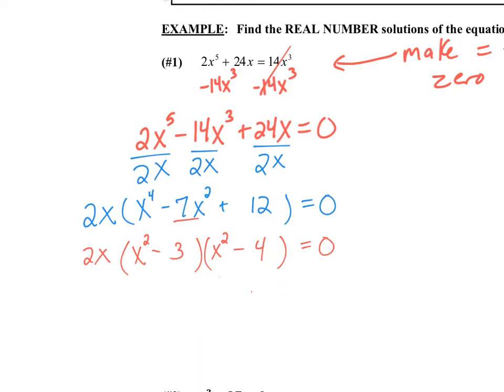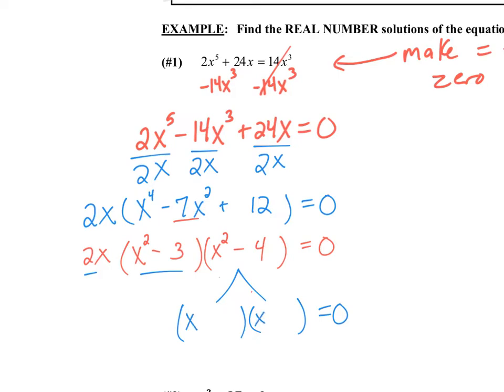Okay, now we have to check, can we factor anything else again? So we have 2x, which can't be factored. We have x squared minus 3, which can't be factored, but x squared minus 4 can be factored. You'll notice that x squared and 4 are both perfect squares.